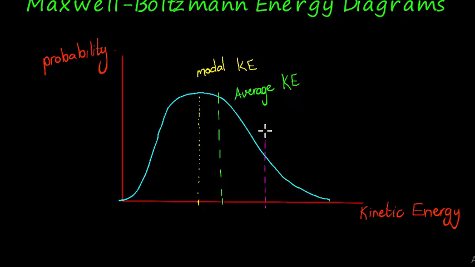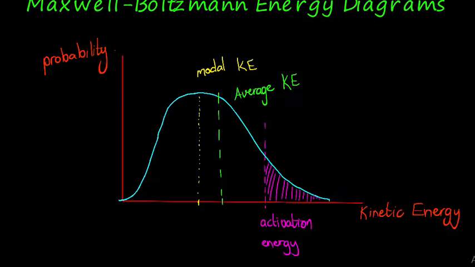Okay, so this is the activation energy, and only particles that are falling in this energy level will have sufficient kinetic energy in order to cause successful collisions. Okay, so this was the standard Maxwell Boltzmann energy diagram.